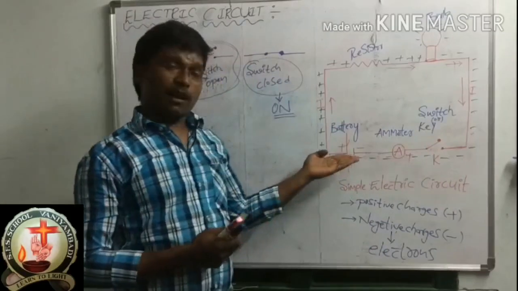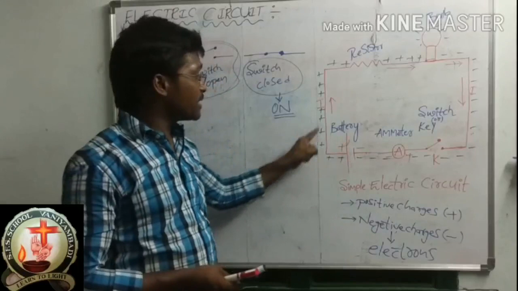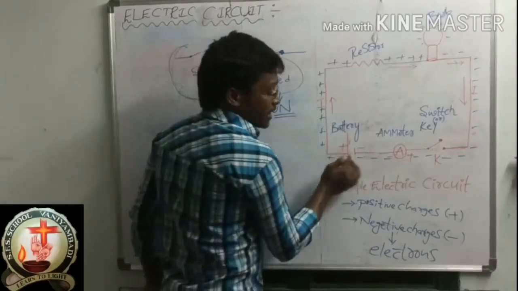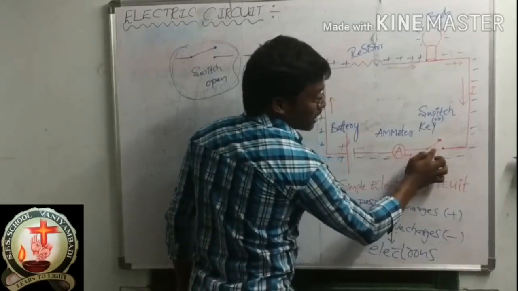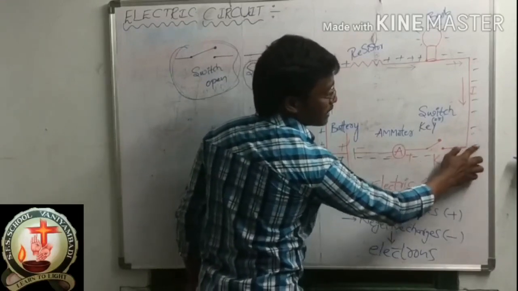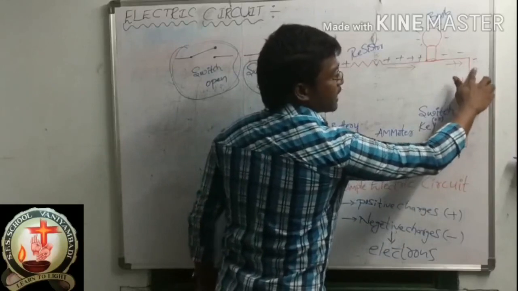This battery is always producing electric charges. So positive charges directly will reach the bulb, and negative charges will start here and reach this key. These both are not connected. Then how will the electric charges jump? How will the electric charges move that side in this condition?